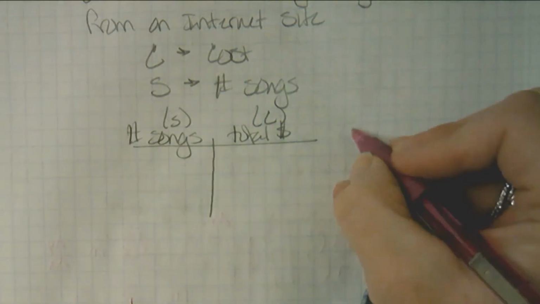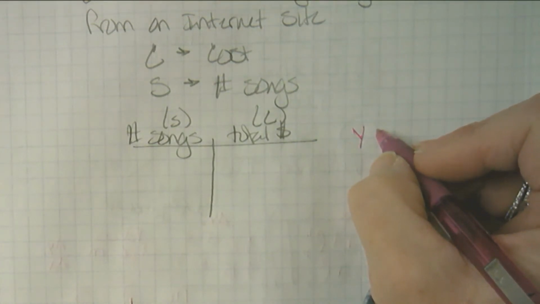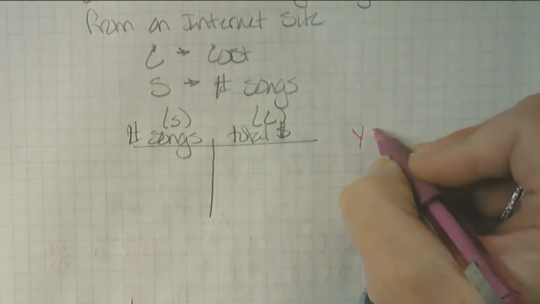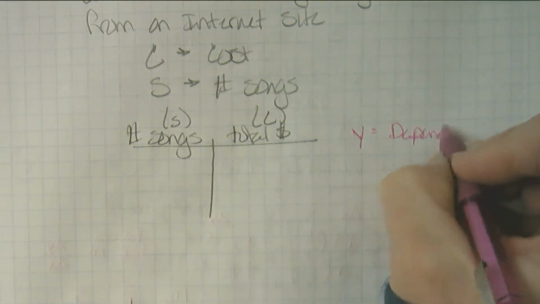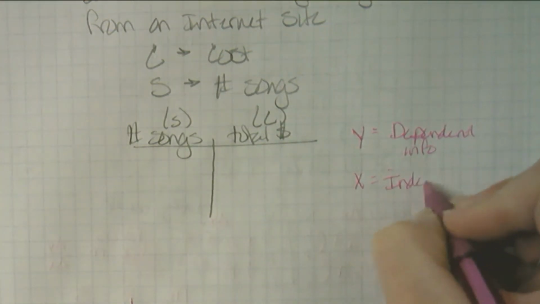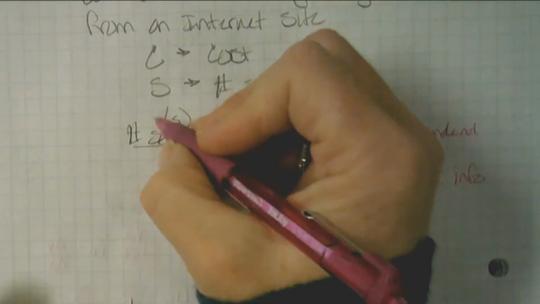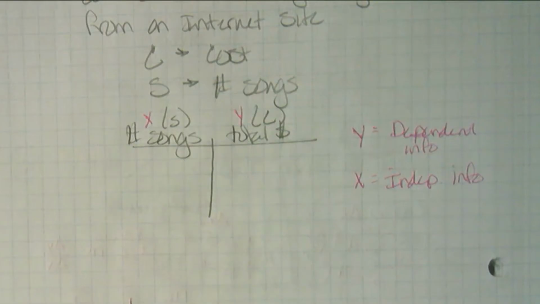Yeah, so Y is our dependent info and X is my independent info. Your X is always your first column, your Y is always your second column. That's also something to remember, but I like how you said it better. Your dependent is always your Y, your independent is always your X.